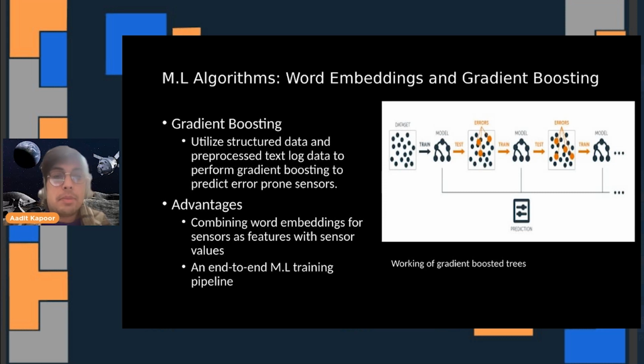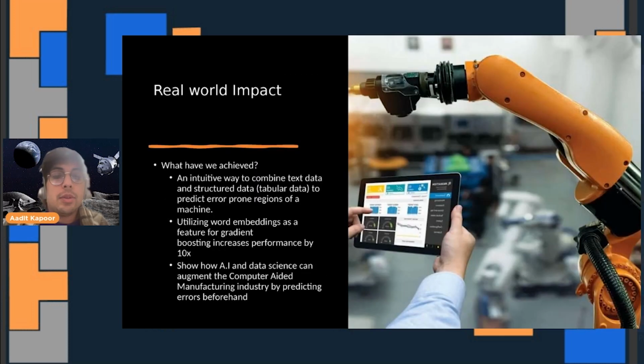And we built up an end-to-end ML training pipeline where we took in log data and sensor data, so basically took in unstructured data and structured data, consolidated it using word embeddings and applied gradient boosting to it to predict what sensor values yield an error or what sensor values do not yield an error. So this is an end-to-end process that we have replicated in this industry, or basically for our case in the dental milling industry. And so what's the real world impact we see?